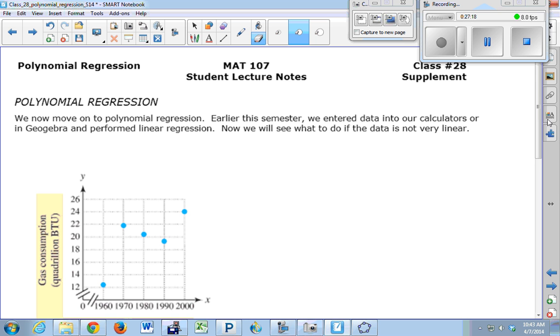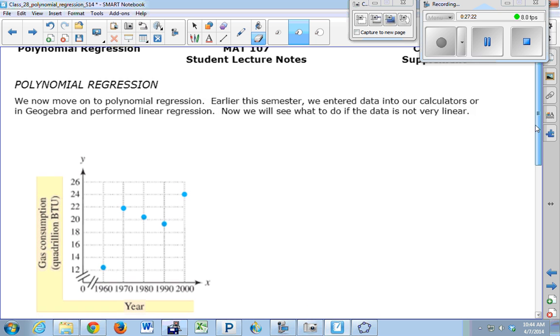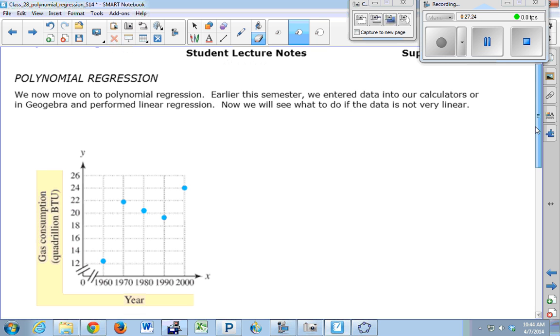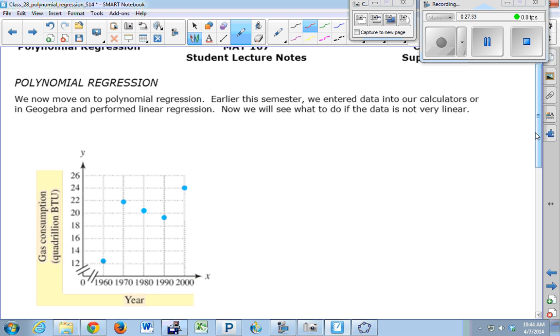So polynomial regression. As I mentioned earlier, we entered data into our calculators and performed a linear regression. If you recall, with the linear regression, we calculated a correlation coefficient, which we assigned the little letter R. That stood for the correlation coefficient.